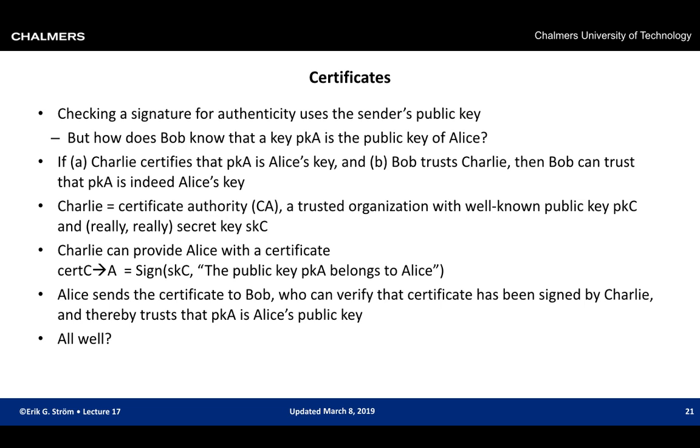So since Bob trusts Charlie, Charlie says this, Bob trusts what Charlie says, and that solves the problem. Questions? This is a little bit complex, I know this, right? But if you look at it, maybe you can follow the logic a little bit. Okay. So then, problem solved, right?